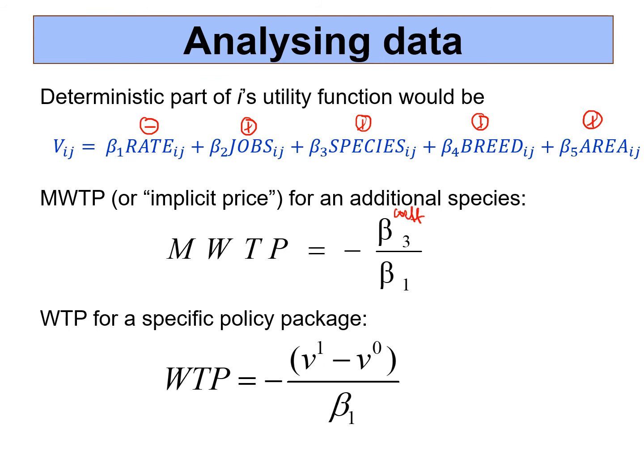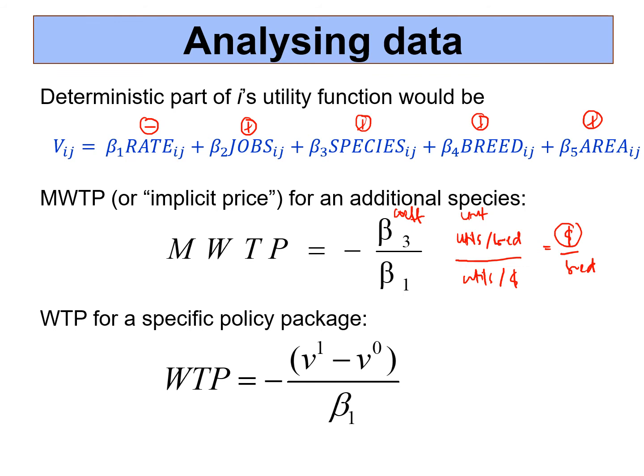If you want to look at it in terms of units, beta 3 is utils over breeding events, and beta 1 is utils over dollar. If you divide these two, you will get the value of dollars over breeding events. Okay, so basically this is the amount that you have to pay to get an additional breeding event.